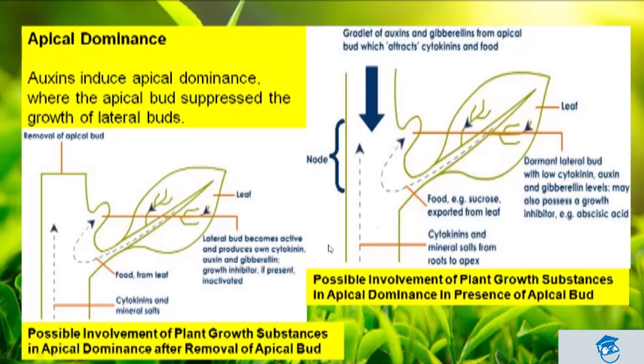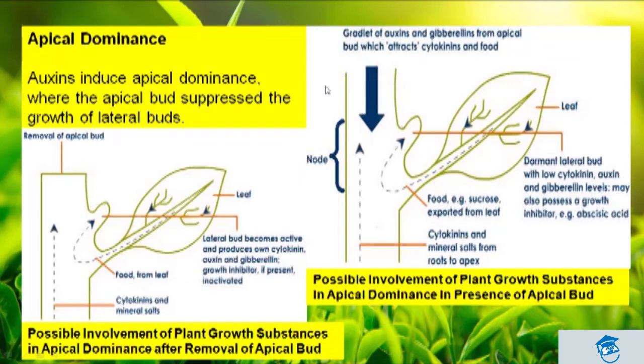So the lateral bud becomes active and it produces its own cytokinin, auxin and gibberellic acid, and growth inhibitor if present is inactivated. And so this is the possible involvement of a plant growth substance in apical dominance after removal of the apical bud.